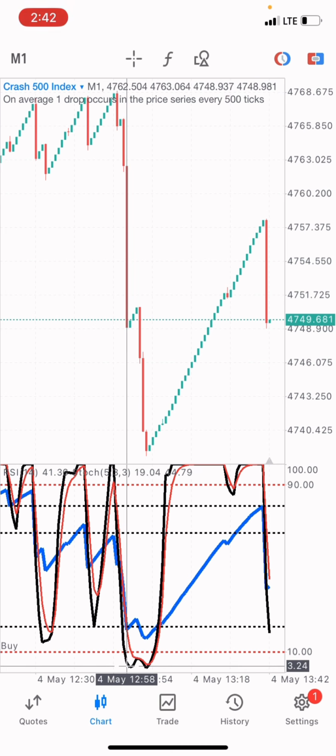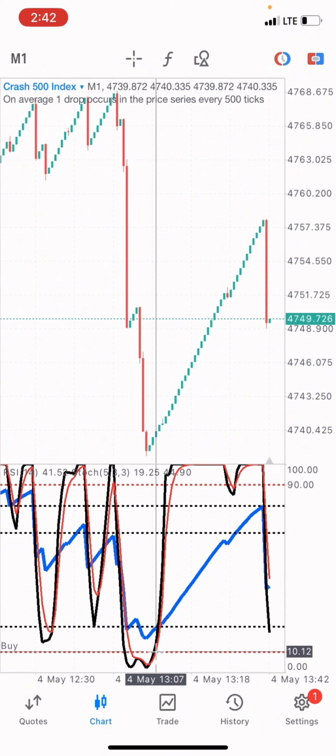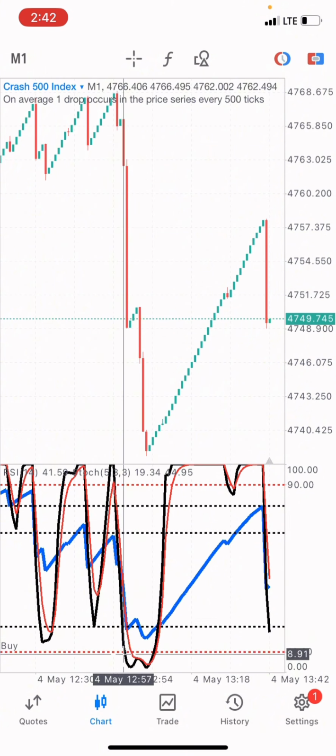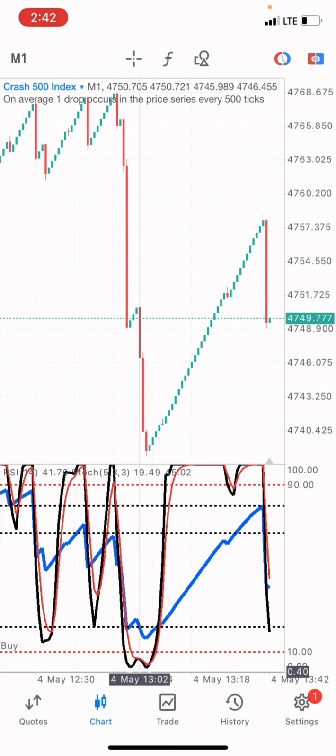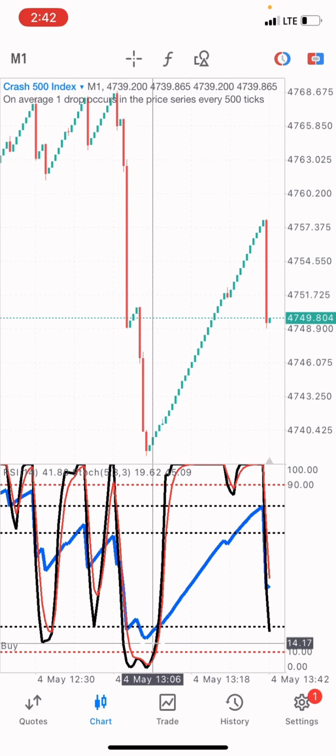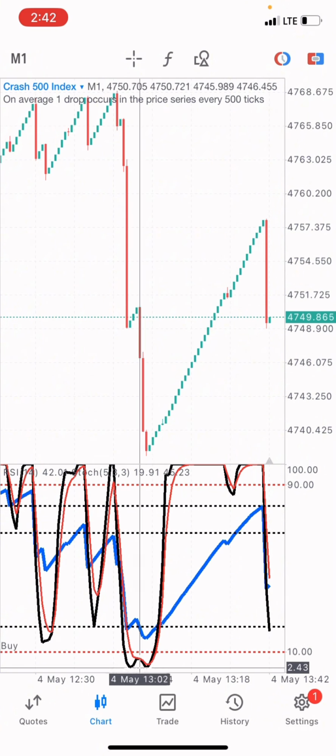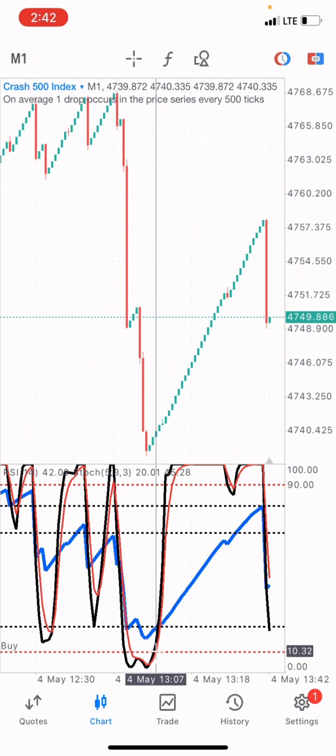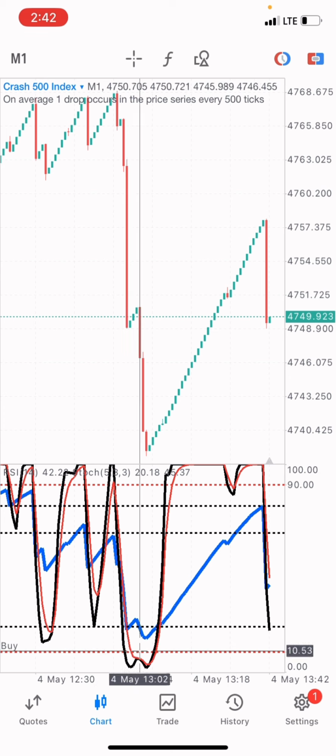But this crossing needs to be at the right-hand side, which is at this point here. This is the first crossing at the left. So when it crosses here, it's going to go over to this point, then here. This is it. So there's a crossing below this oversold.